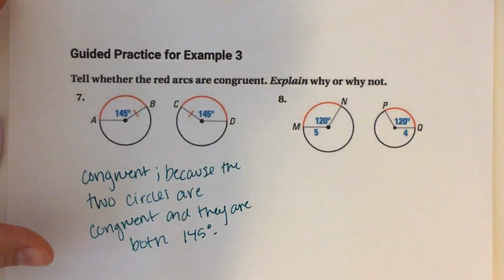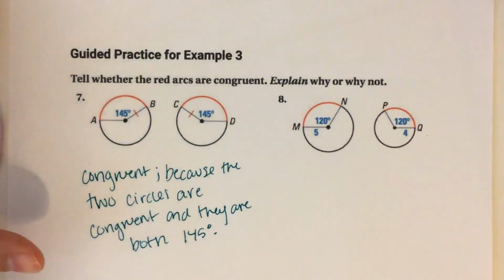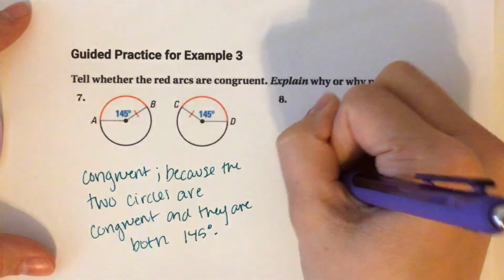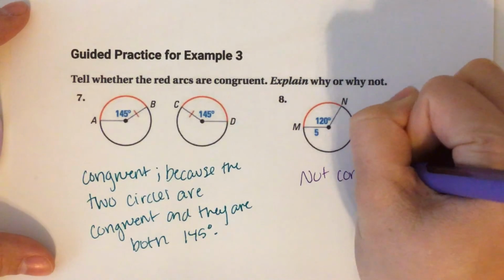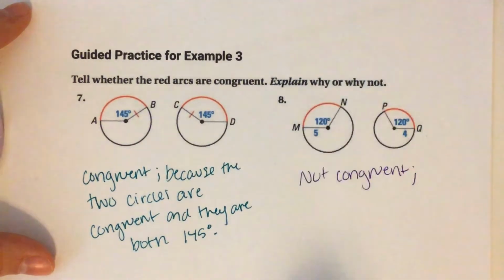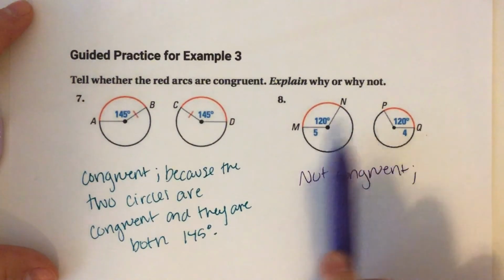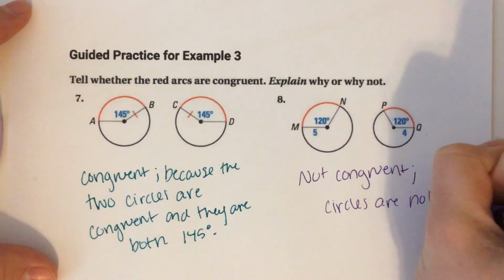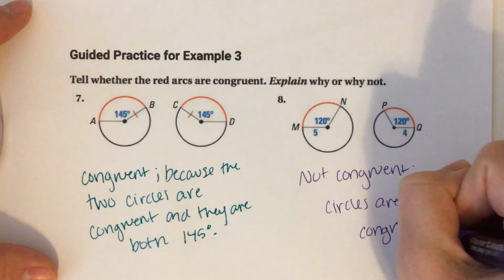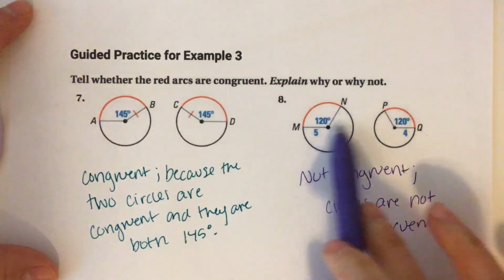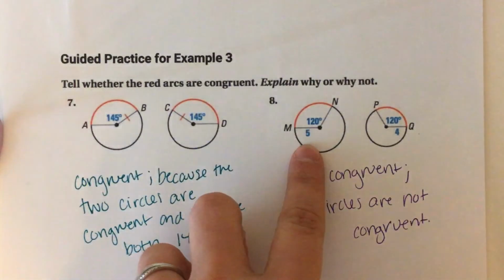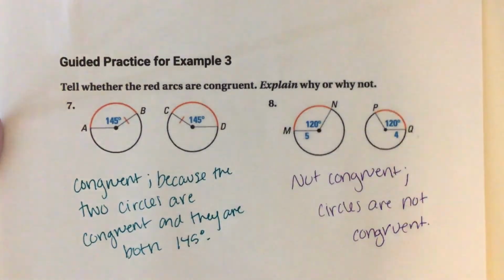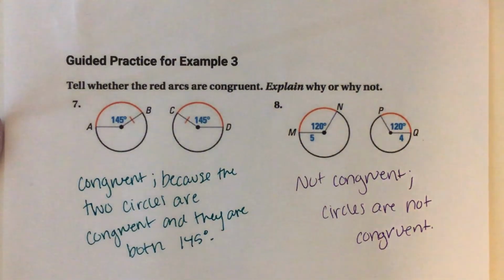Number 8, they are not congruent because the circles are not congruent. So even though they have the same measure, they're both 120 degrees, since the radius is 5 here and 4 here, our circles are not congruent, so the arcs are not congruent.